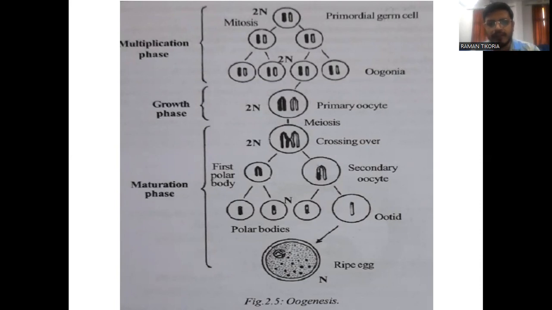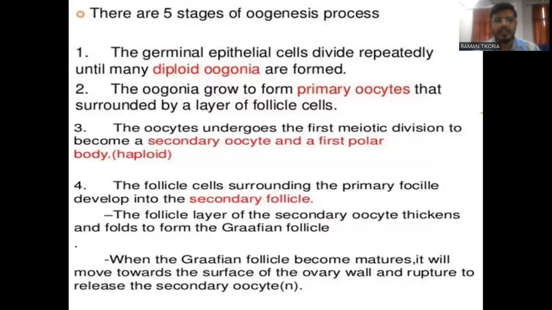Out of the 4 cells formed, one is the mature ootid, while the rest are polar bodies, right? So at the end of oogenesis, from one cell we get one mature ovum and 3 polar bodies, right?